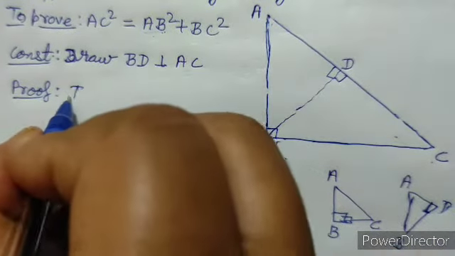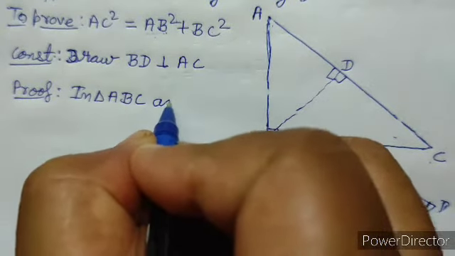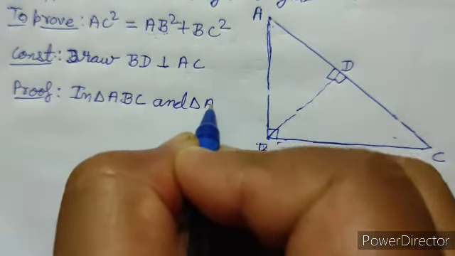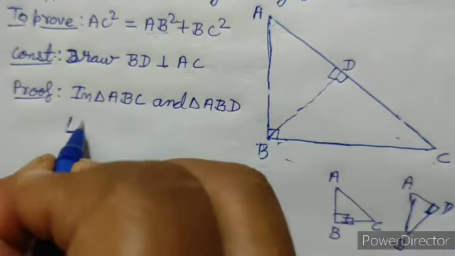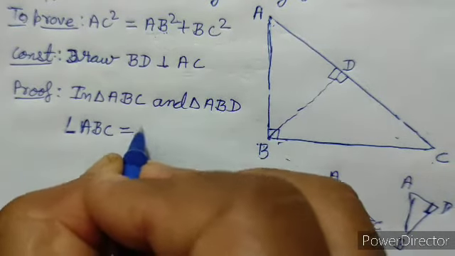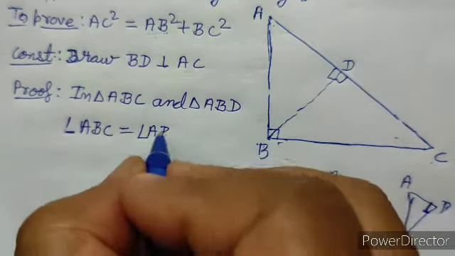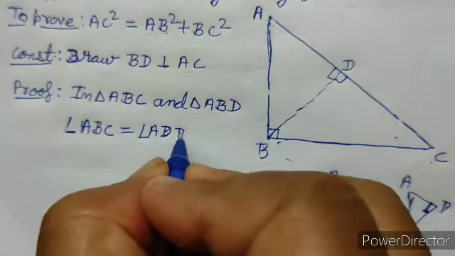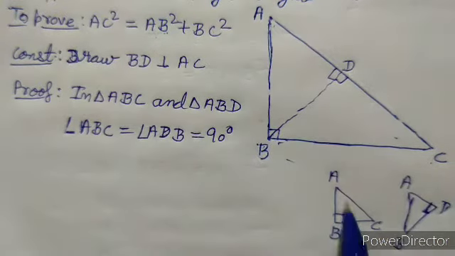Now, in triangle ABC and triangle ABD, angle ABC is equal to angle ADB, and that is equal to 90 degrees.